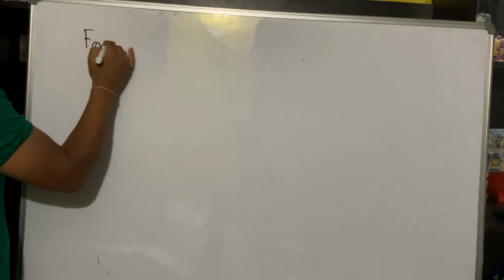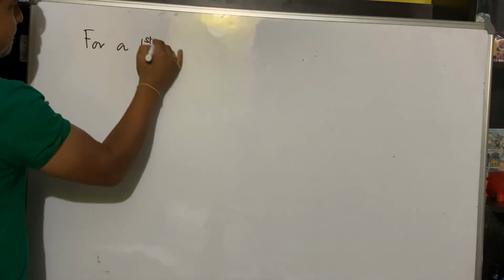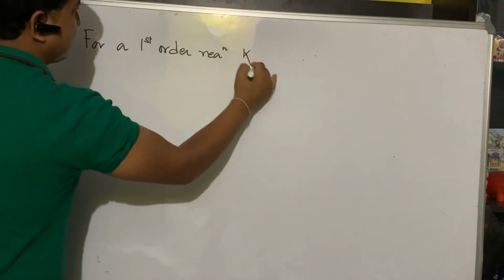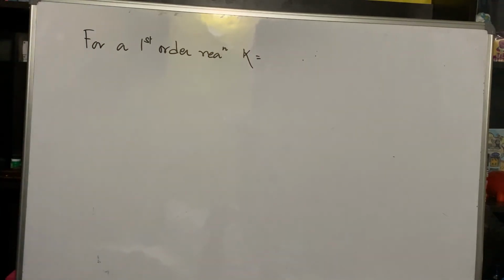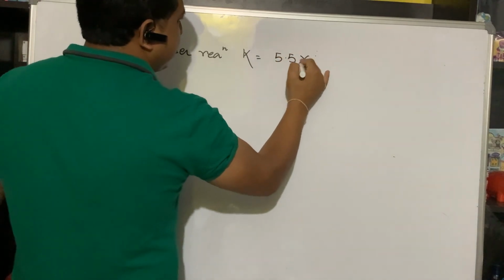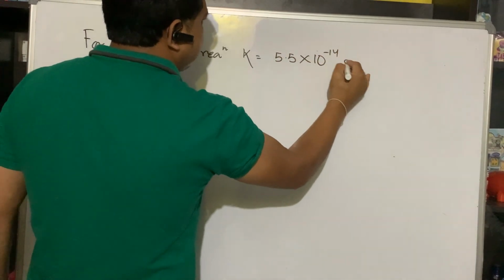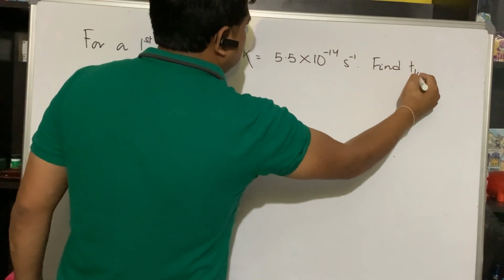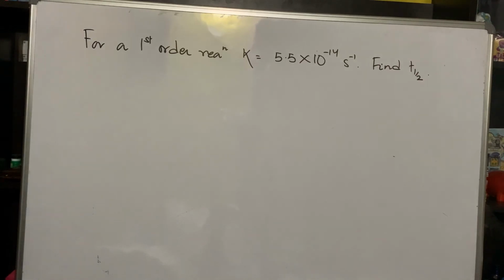For a first order reaction, the value of K is given as 5.5 into 10 to the power minus 14, unit is second inverse. Find the half-life period. 1 mark question.